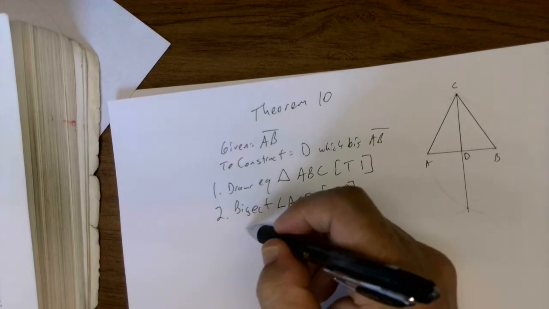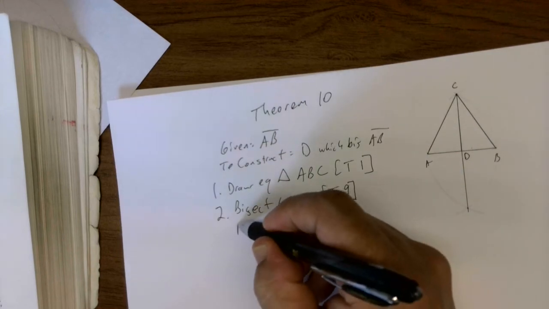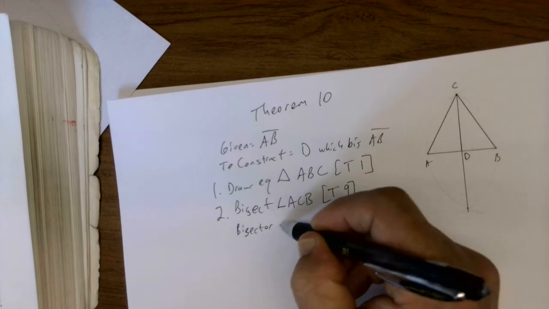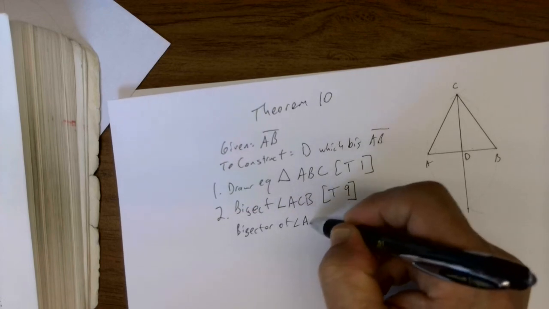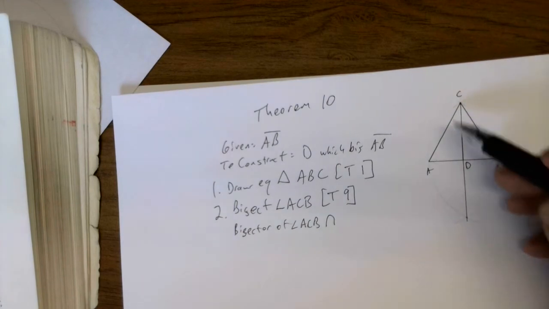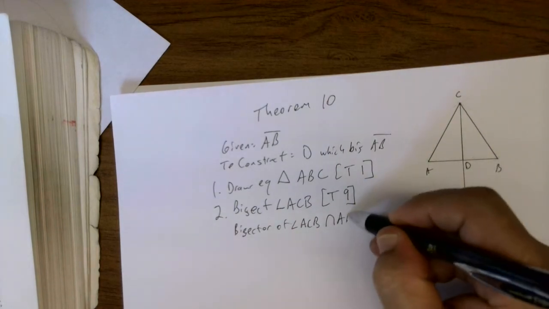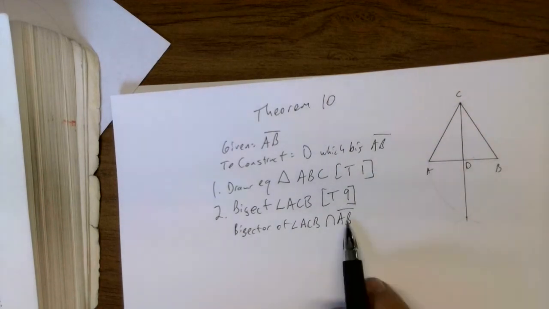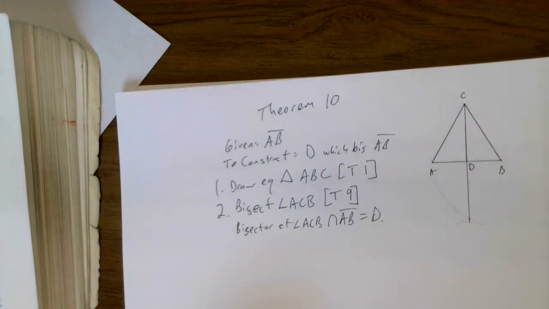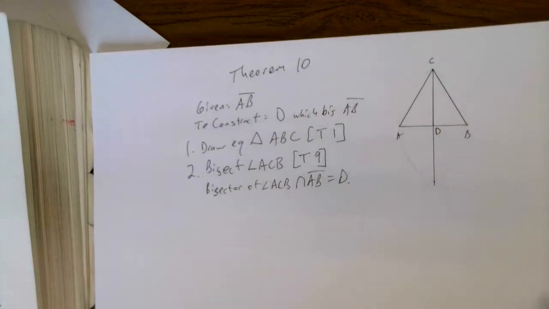Okay, so where the bisector of ACB is going to intersect, that upside down U again means intersect, wherever that intersects line AB is going to be my point D. And I don't need a reason for that step. That's just a naming step.